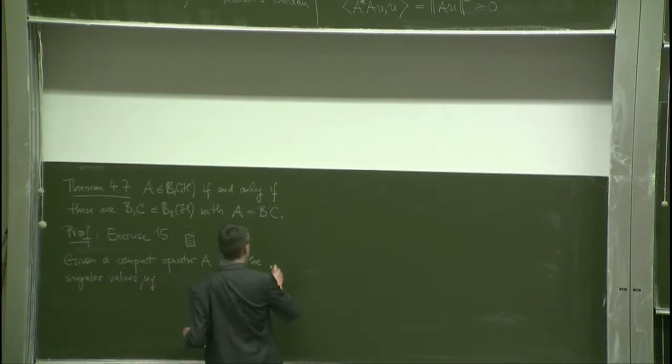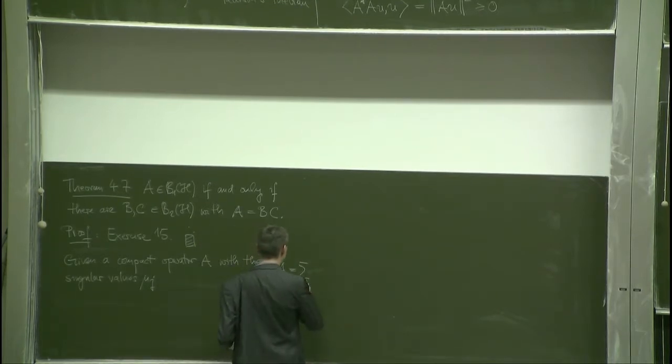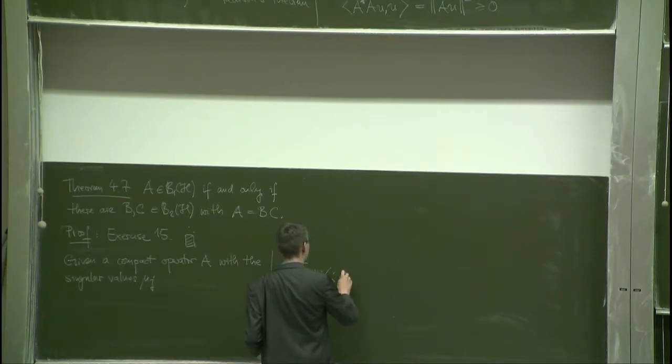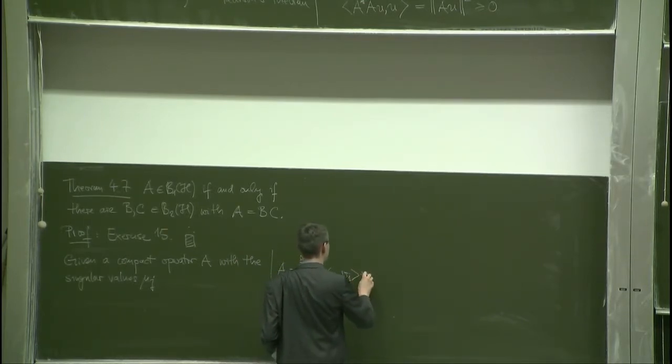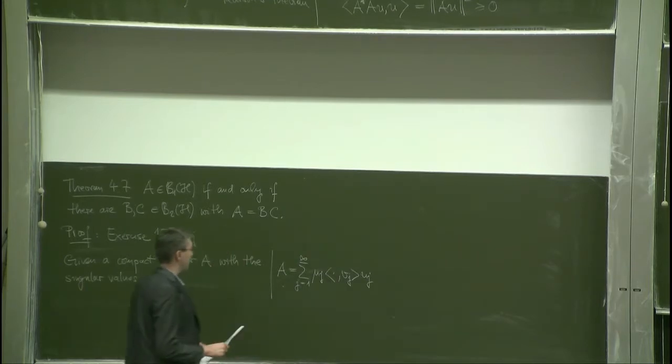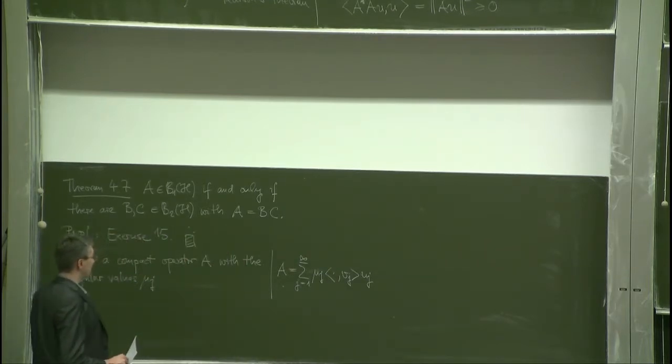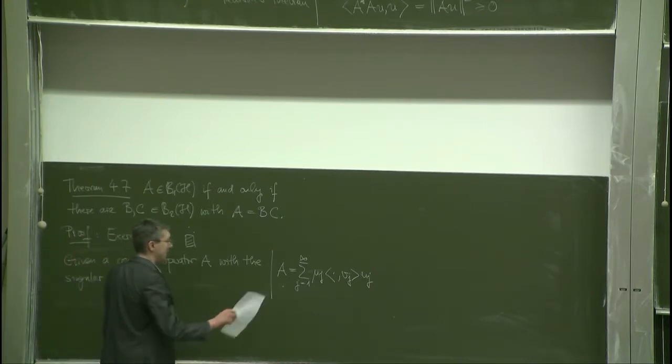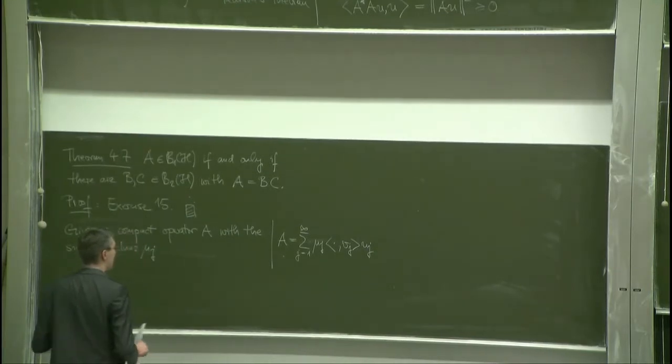As a short reminder, you know that for compact operators you have this representation using singular values in the following sense. You have these singular values mu_j, and then you have two orthonormal systems, let's say v_j and u_j, such that a representation of this form is possible. This is always possible for a compact operator. And we also already said that these mu_j are the eigenvalues of A star A.